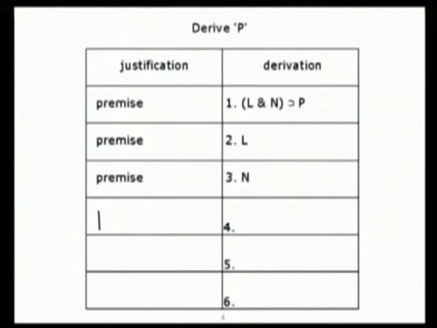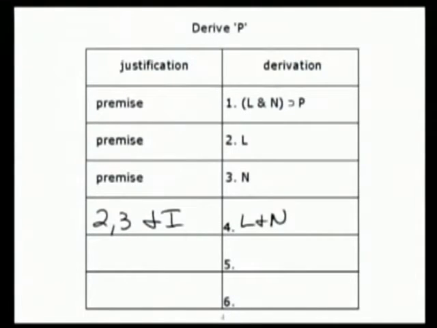L and N. Do you have that? Yeah. No. Oh. So the first thing you need is to get that antecedent, but you need from 2 and 3 using what rule? Ampersand introduction. Then we get L and N.